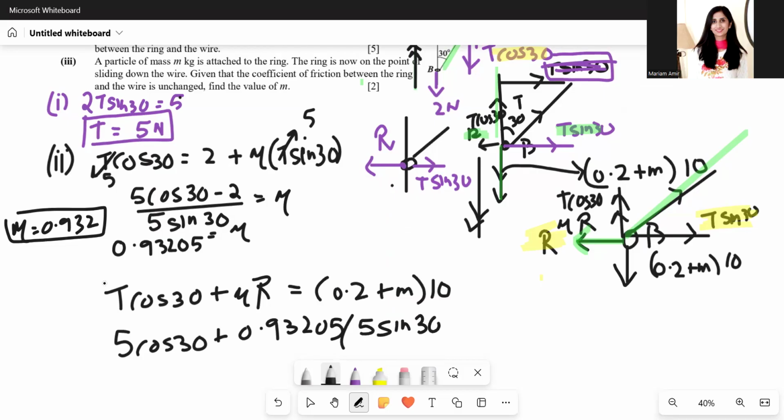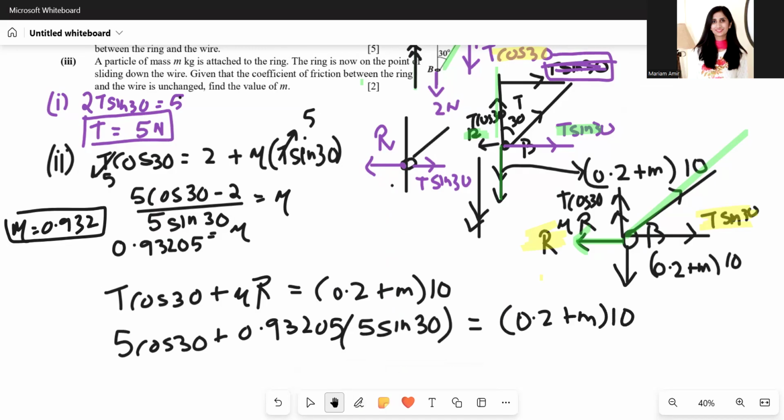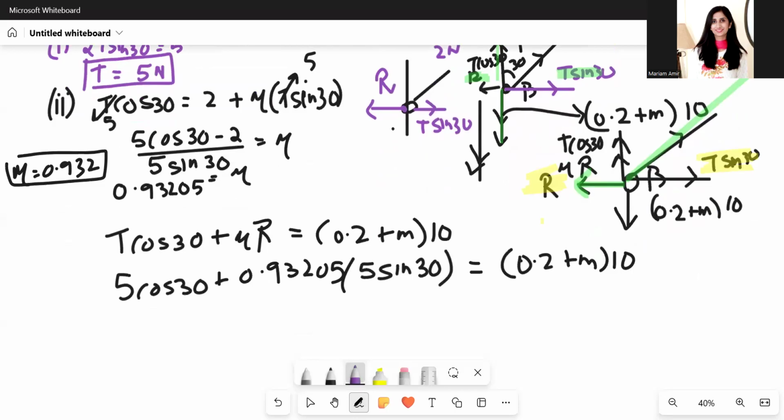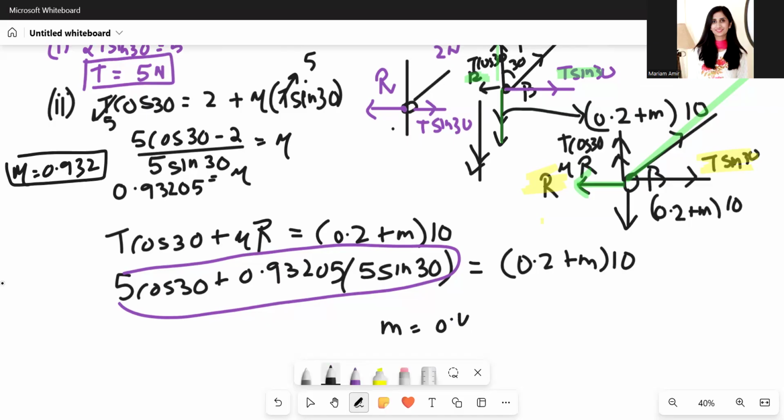And this equals 0.2 plus m, times 10. So you solve this, then divide the answer by 10. Then subtract 0.2 from it, and you should be able to get the value of m, which should come out to be 0.466 kgs.